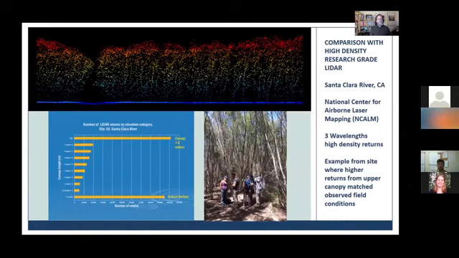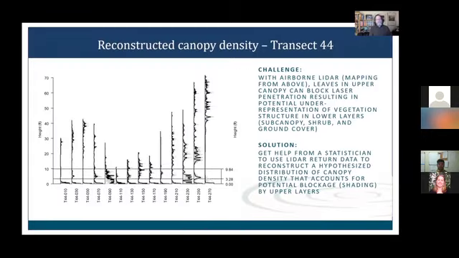The other example of trying to improve our LiDAR results is shown here. In this case, rather than having just biologists try to interpret this, we worked with a statistician and used the raw LiDAR data returns to reconstruct a hypothesized distribution of canopy density that accounts for that potential blockage or shading by the upper layers.